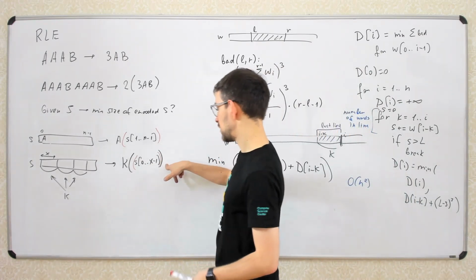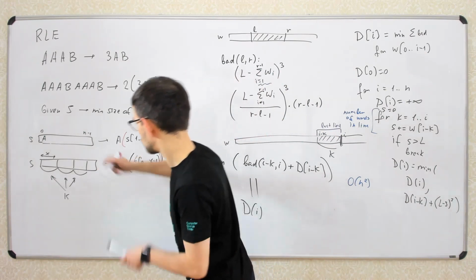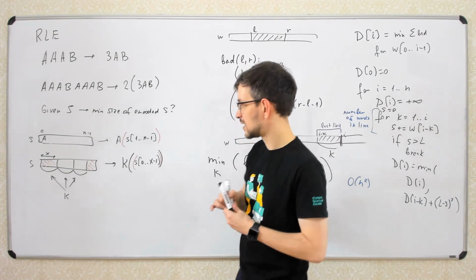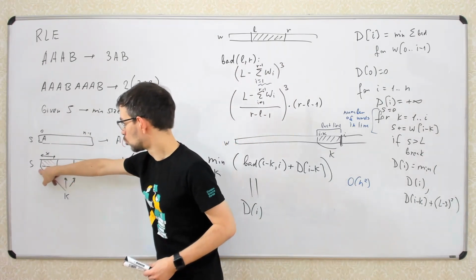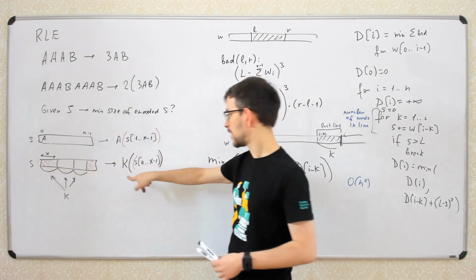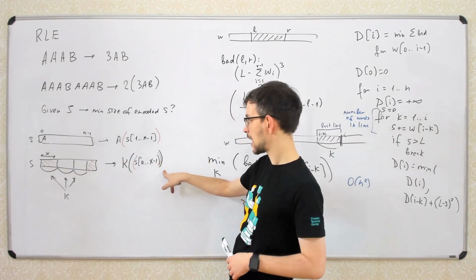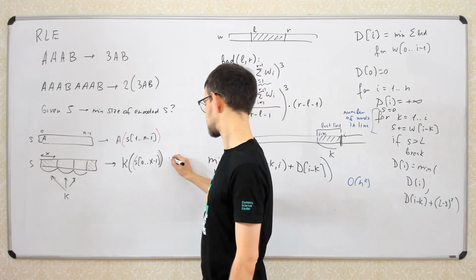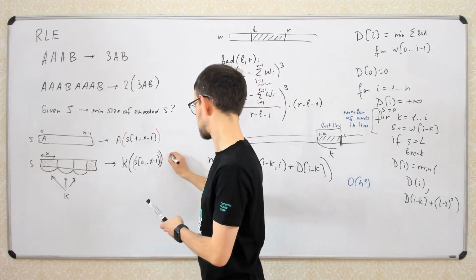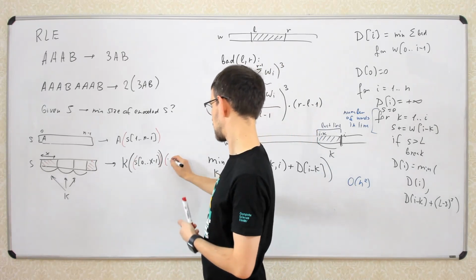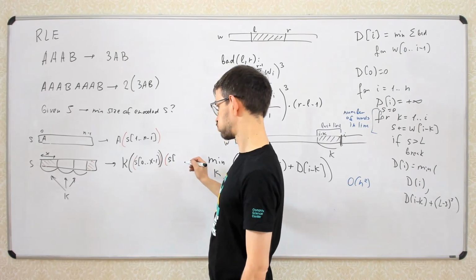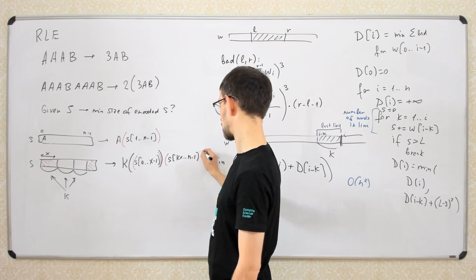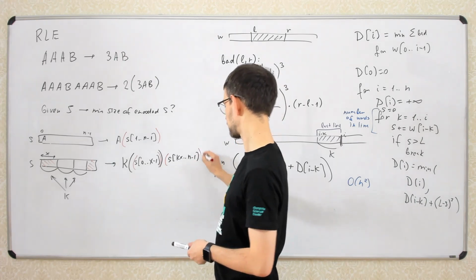First, we need to encode this string, then make k repetitions of this, and then encode this tail. So it will be something which encodes the string from kx to n minus 1.